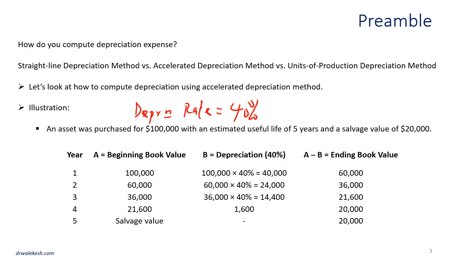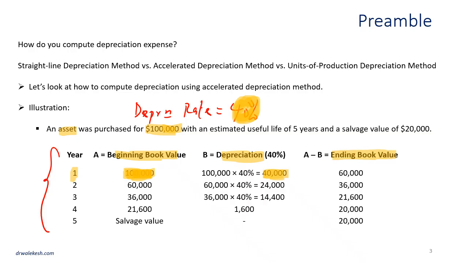To compute the depreciation expense on a yearly basis, let us look at this table. An asset was purchased for 100,000 US dollars at the beginning of year 1. So we have the beginning book value for year 1 to be 100,000. The depreciation expense would be 40%, which is the depreciation rate, times 100,000, and that is 40,000.